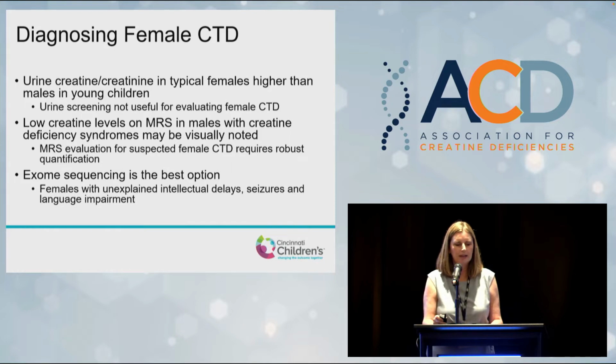So for females, the exome sequencing is the best option. The challenge is getting that daughter to get that test. And hopefully now that some of these tests are lower in cost, there's more availability, more recognition, these patients can be identified earlier.